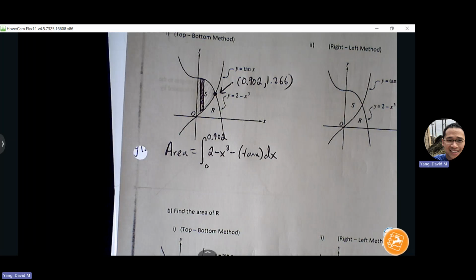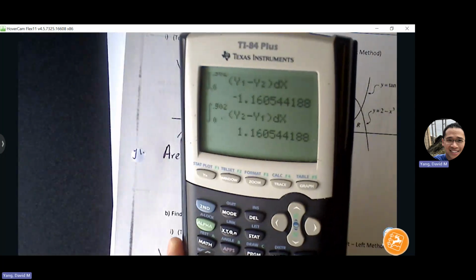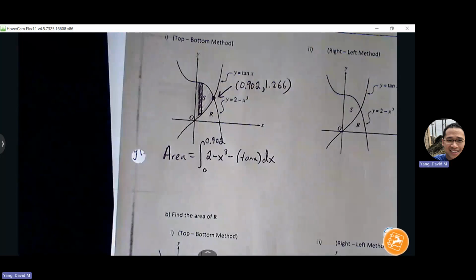So I should have done y2 minus y1 since I have my order flip-flopped. Okay, so you guys get 1.161. Okay, so that's my area.